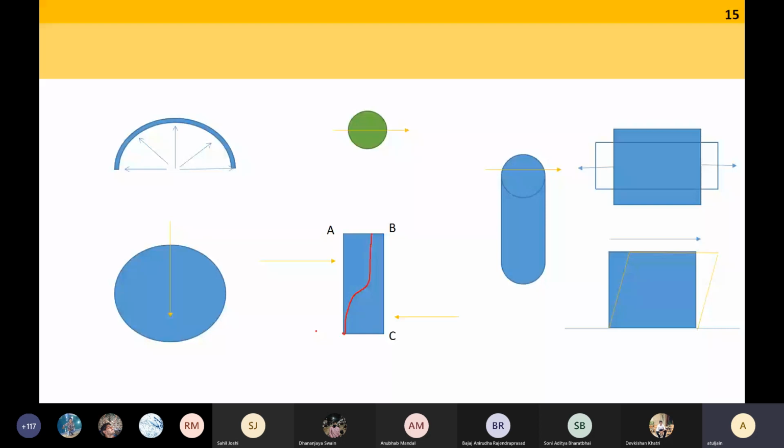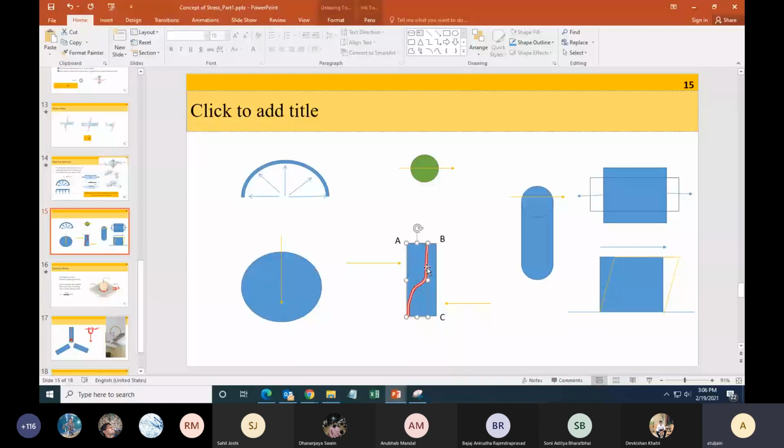So it will become something like this, which is change in shape, not change in size. So this is shear. If both of them were like this, then the length of AB would reduce, and that would be normal stress. Okay? Yes, sir.